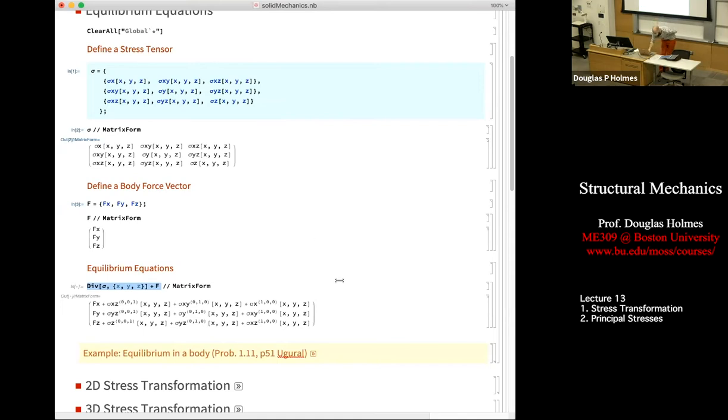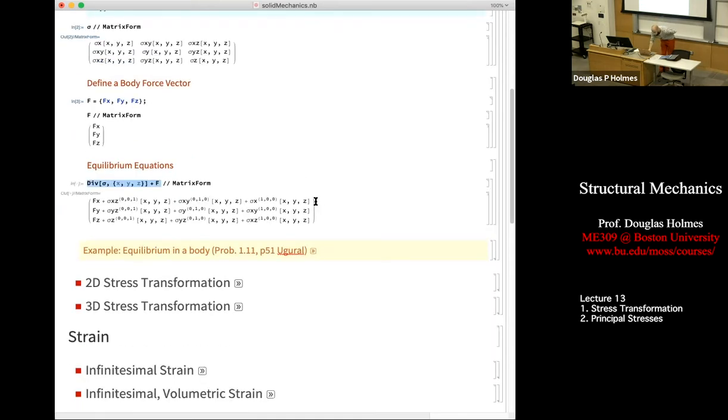And now here's where things kind of look awful, but I'll explain this notation to you. Let me highlight the top bar. Sweet, okay. Take this top equation and compare it to the top equation in your notes from last class. It's kind of backwards. So it's f x plus, and look what it has. It has this kind of awkward notation, sigma x z, and then up in the exponent kind of 0, 0, 1.